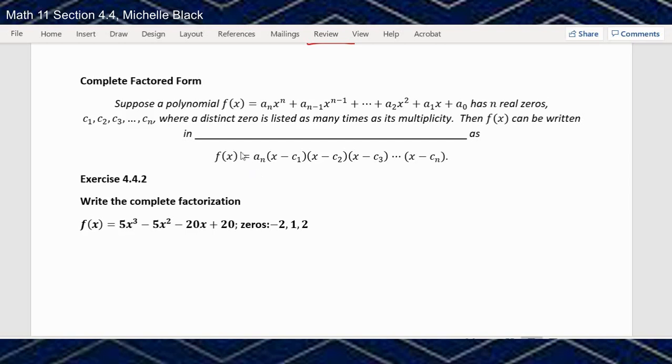Then f of x can be written in what we call complete factored form, as f of x equals a sub n, your leading coefficient, times x minus your first zero, times x minus your second zero, times x minus your third zero, all the way up through x minus your nth zero.